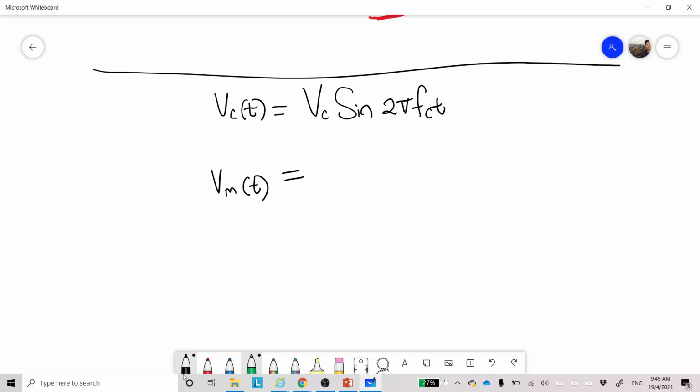Okay, if I have more than 2, I need to add more than that. Okay, so now I just want to show you about multiple input frequencies.